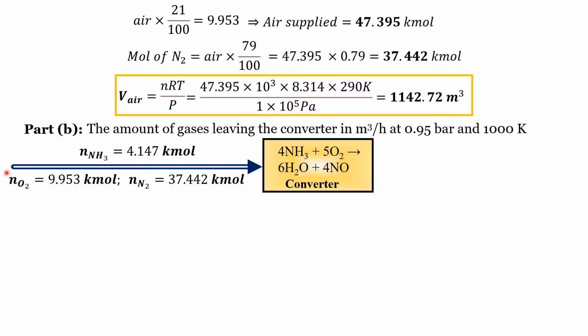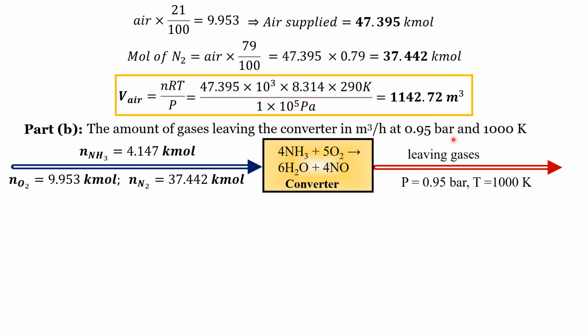So these are the inlet conditions for the converter. After this, the gases will leave the converter and we need to find the composition of these leaving gases, and further it is mentioned that these gases are leaving at a particular pressure and temperature.